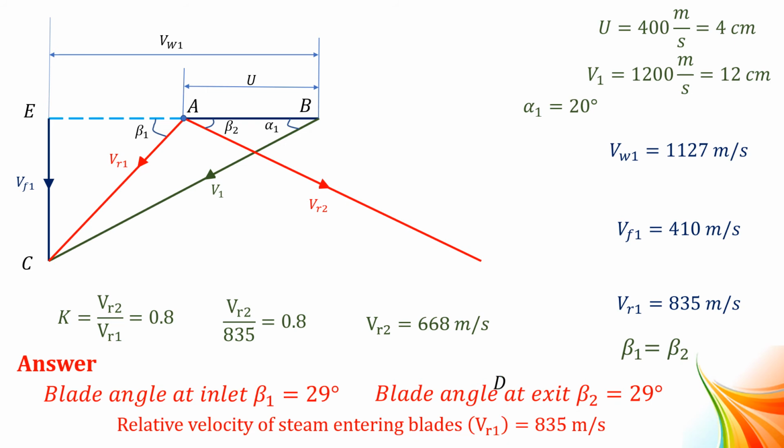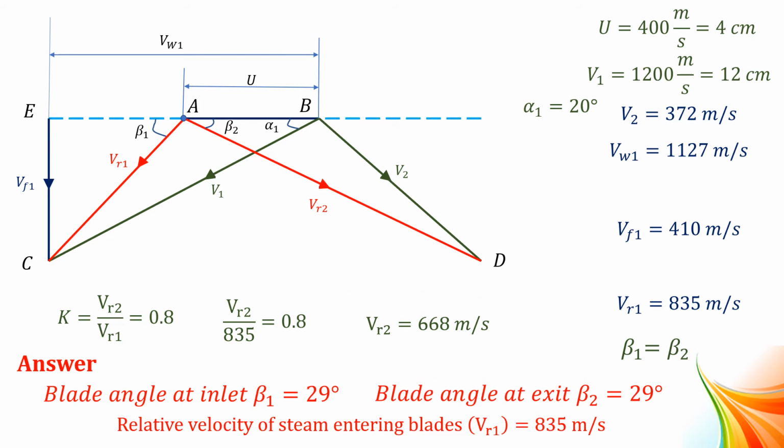After drawing this line, we get the end point D. Now we join the point D with B, and we get the absolute velocity V2. By measuring the length of V2, we get nearly 3.72 centimeter. According to the scale, it is 372 meters per second.